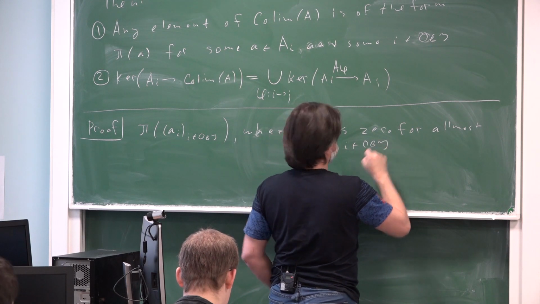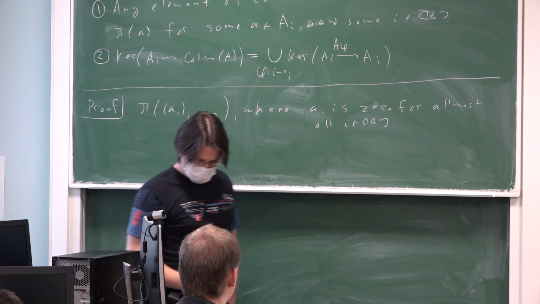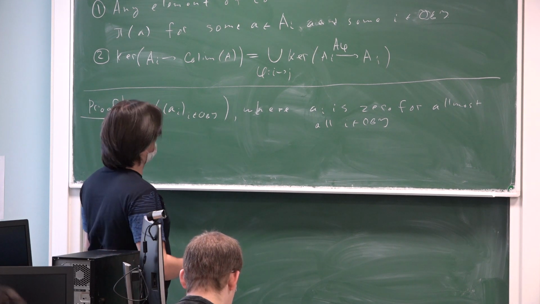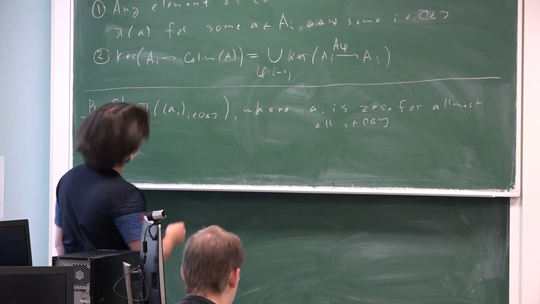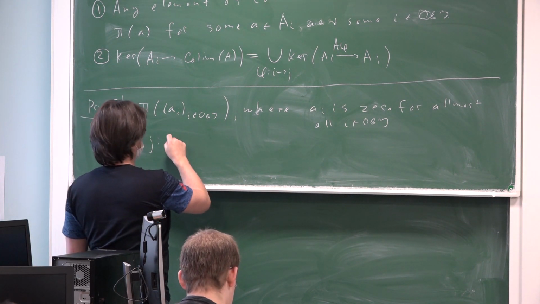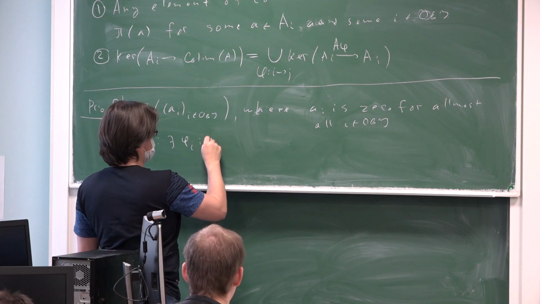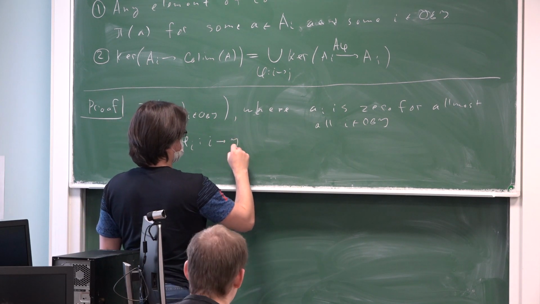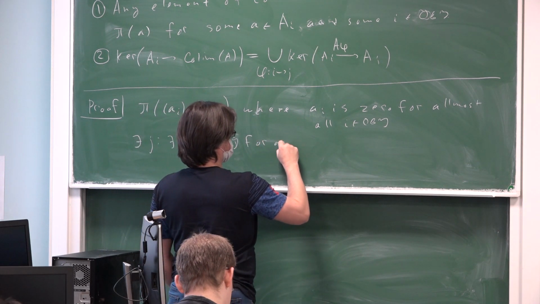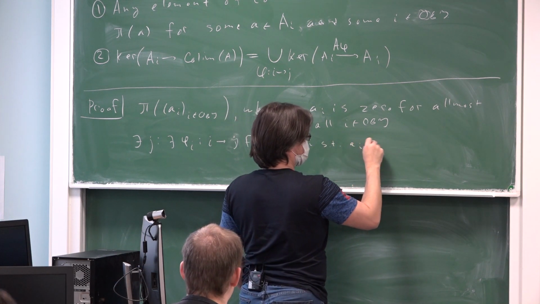So only a finite number of non-zero i's, and for these i's we can choose j such that there exists phi_i from i to j for any i such that a_i is non-zero.